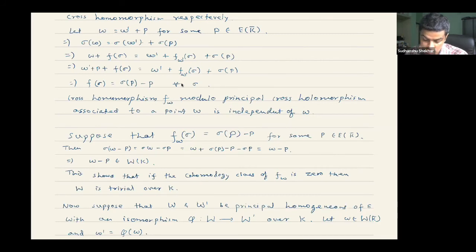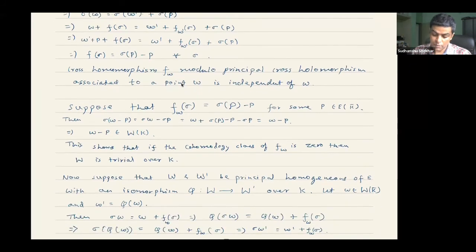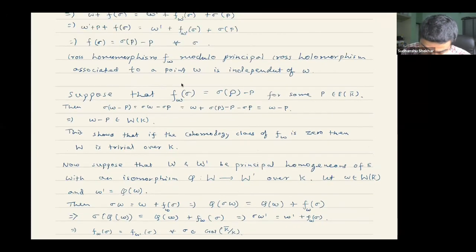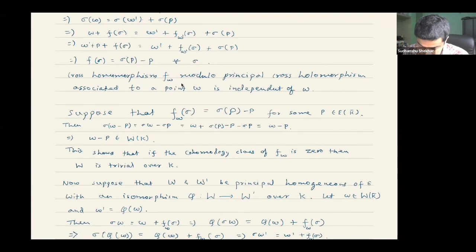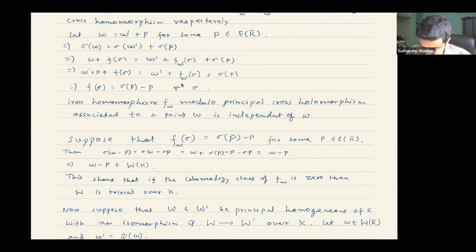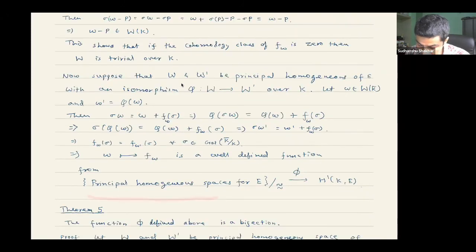What we want to do now is this: on one side we have the set of all principal homogeneous spaces of E up to isomorphism. On the other side we have H^1_K of E. So what is this H^1_K?